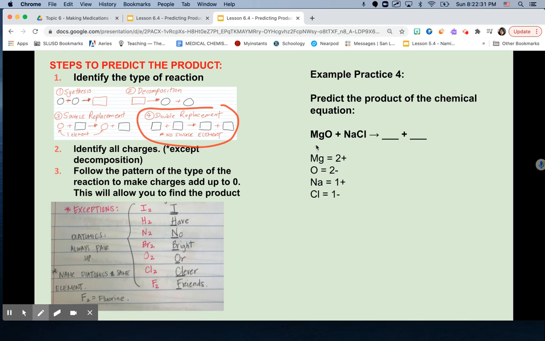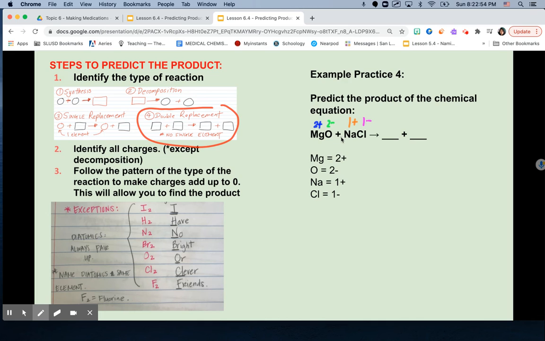Okay, so step 2, identify all of the charges. Let's put all the charges up top. So Mg is 2 plus, O is 2 minus, Na is 1 plus, and Cl is 1 minus.